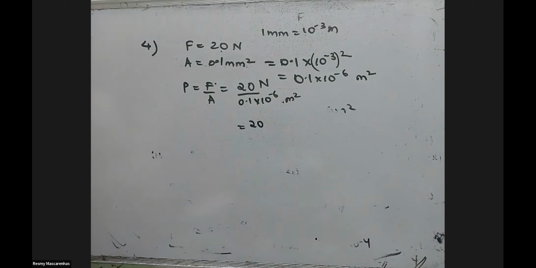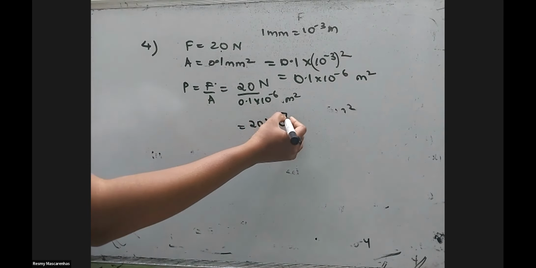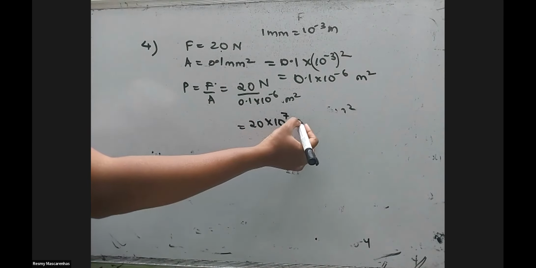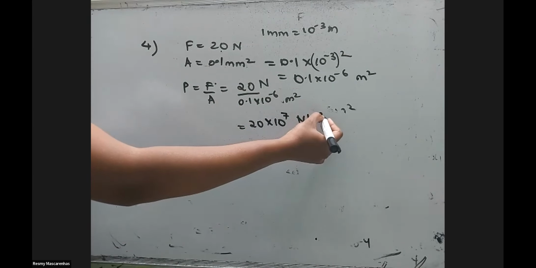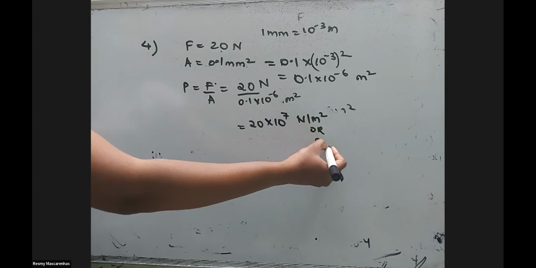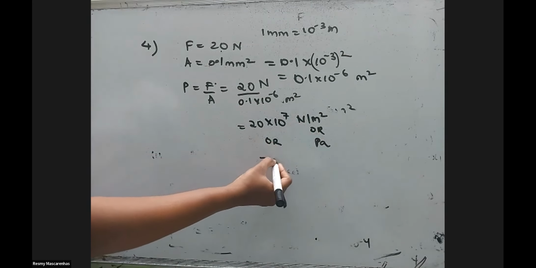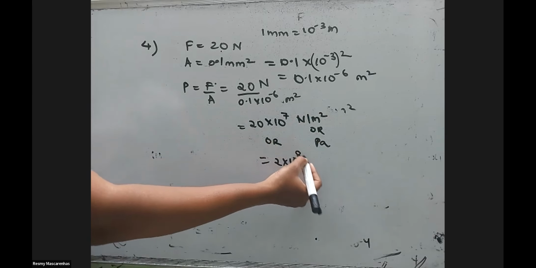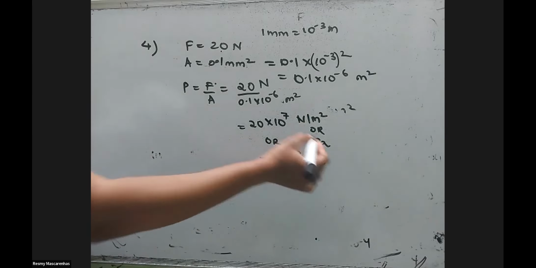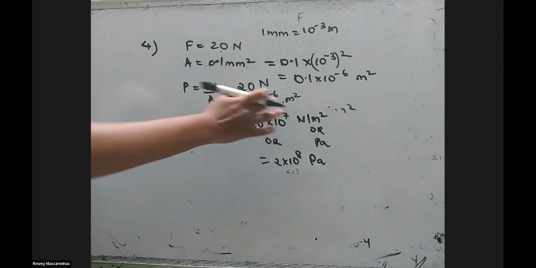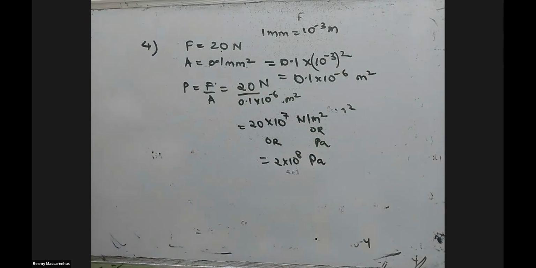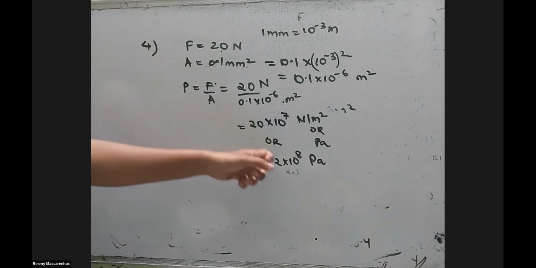Twenty into 10 raised to 7 Newton per meter square, or can use Pascal. You can also write this as 2 into 10 raised to 8, if you multiply it will become 10 raised to 8. Both ways are correct.